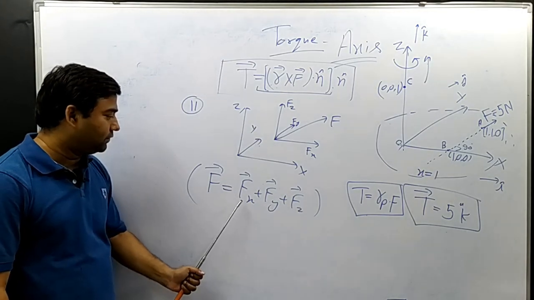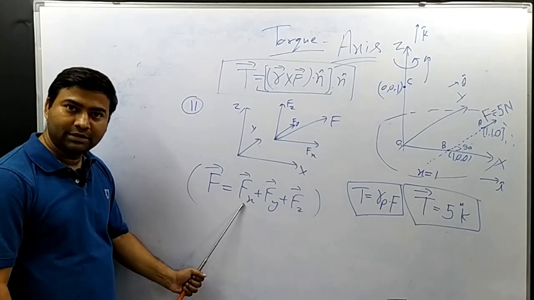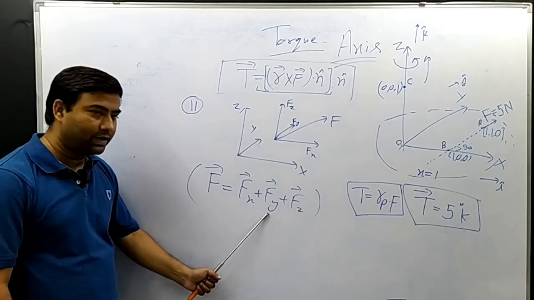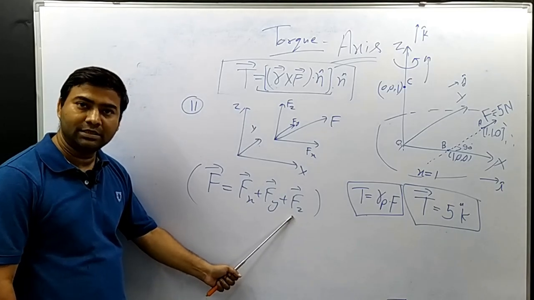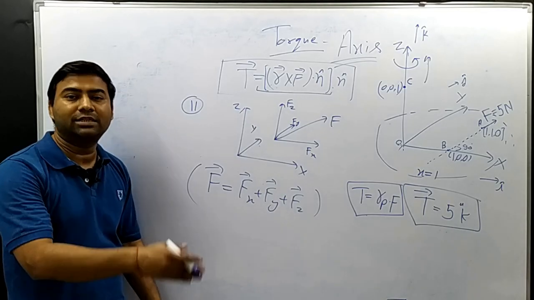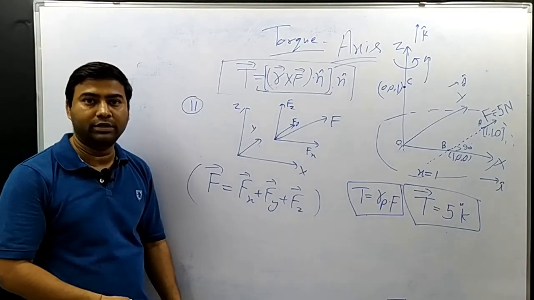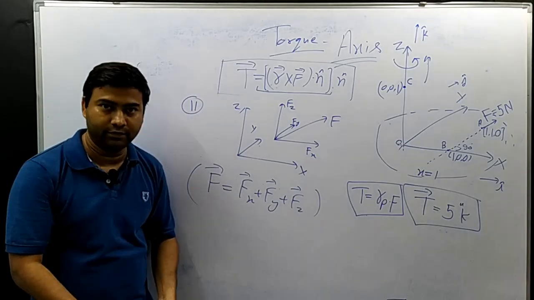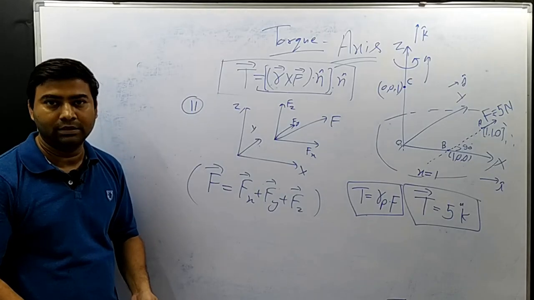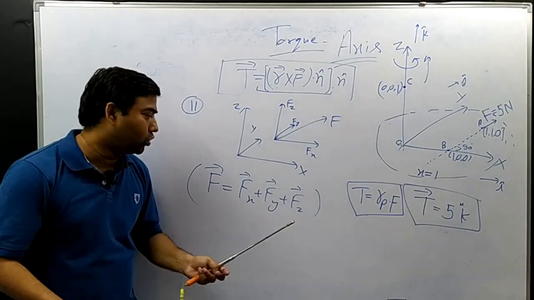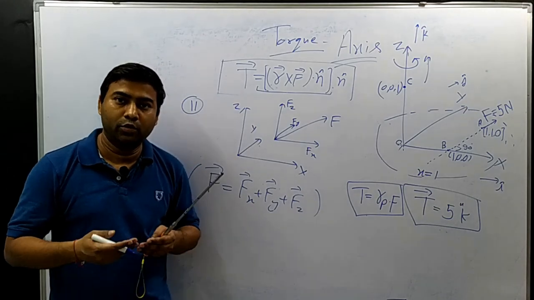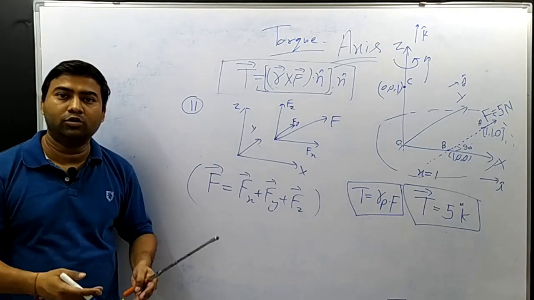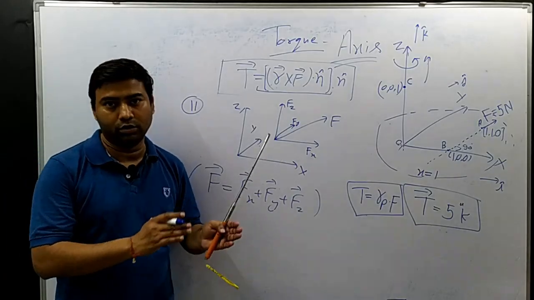So we have to individually find the torque of Fx about the axis, the torque of Fy about the same axis, and the torque of Fz about the same axis, with directions, because torque is a vector quantity, either positive or negative, clockwise or anti-clockwise. Then all these three torques have to be added algebraically, positive torques plus negative torques, and we will find the net torque.